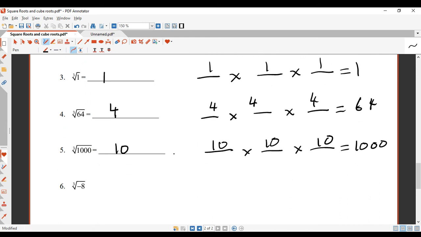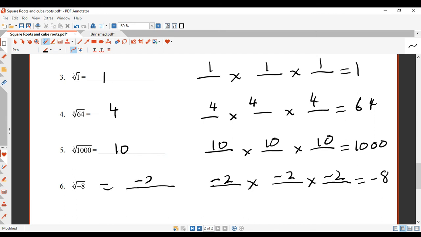Now, what about the last one, cube root of negative 8? Now, I will give you a warning here. You can't find the square root of a negative number, but you can find the cube root of a negative number. In this case, negative 2 times negative 2 times negative 2 is negative 8, isn't it? Because negative 2 times negative 2 is 4. 4 times negative 2 is negative 8. So the cube root of negative 8 is negative 2.